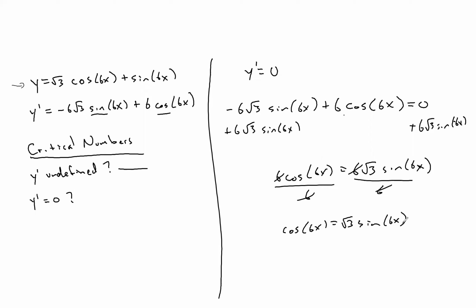Now, what I would do next here is, let's look at what happens if I divide both sides by cosine of 6x. The reason I'm doing this is because it's going to allow me to get things down to just one trig function instead of two.